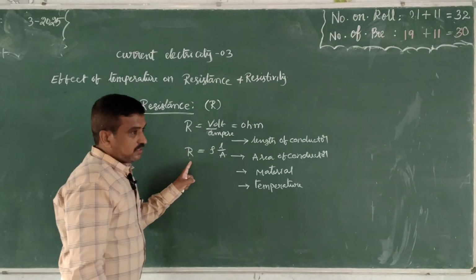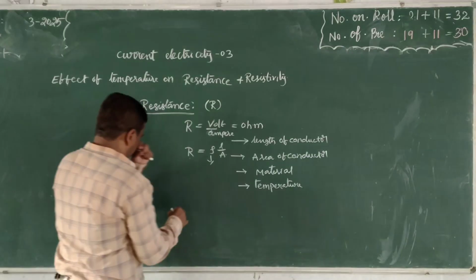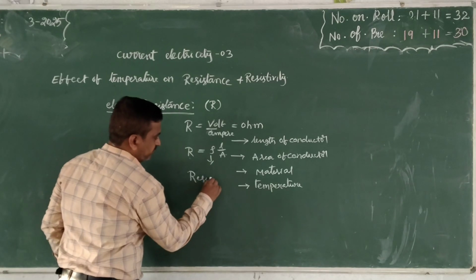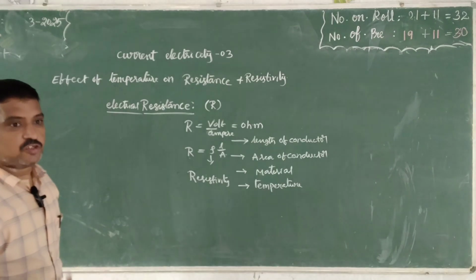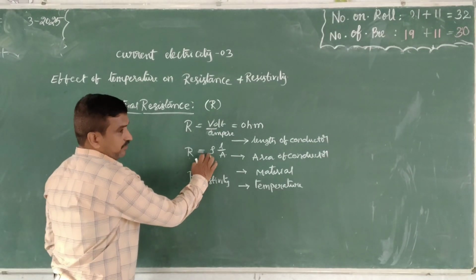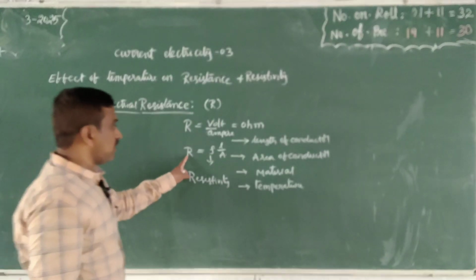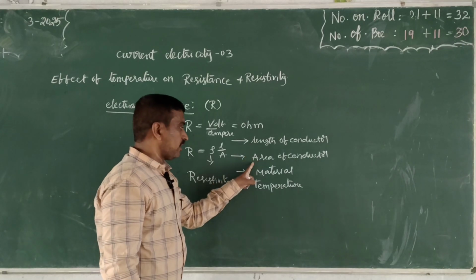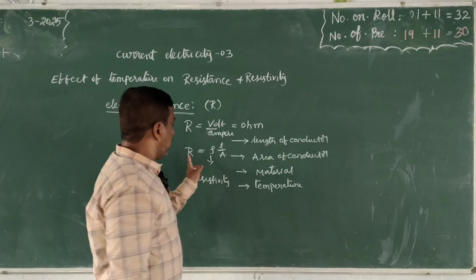We can write R equals rho L by A. Rho here means resistivity. Resistivity is also a property of material which obstructs the flow of electrons or flow of current by a conductor. L is the length of the conductor, A is the area of the conductor. So this resistance depends upon length of conductor, area of conductor, material and temperature. So it also changes.